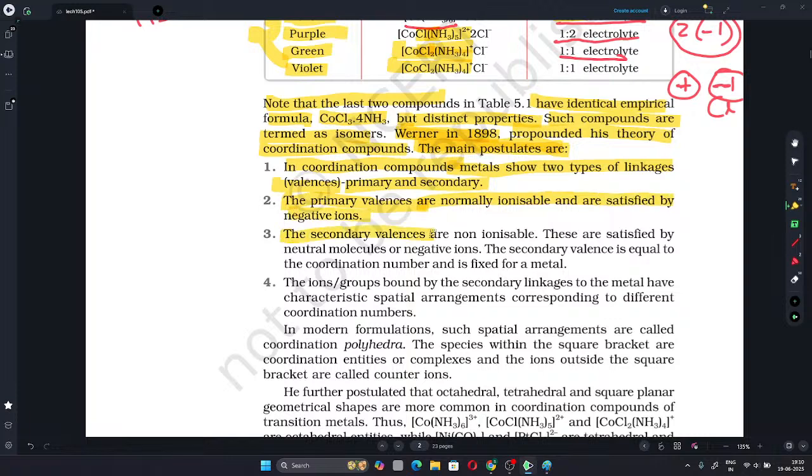The secondary valences are not ionizable, they are satisfied by neutral molecules or negative ions. The secondary valence is equal to the coordination number and is fixed for a metal. The ions or groups bound by the secondary linkages to the metal have characteristic spatial arrangement corresponding to different coordination numbers.